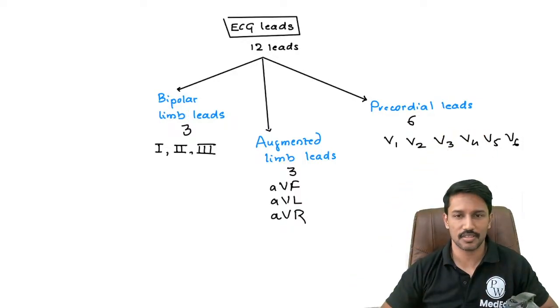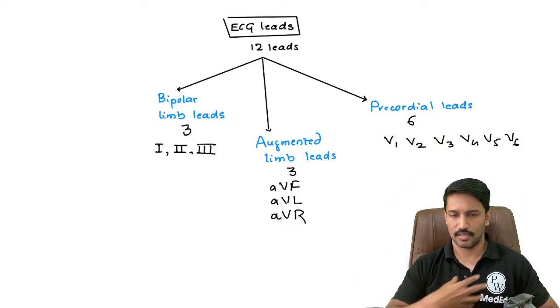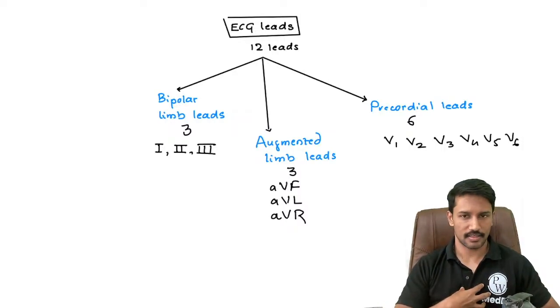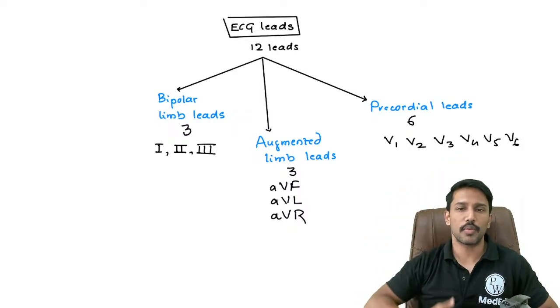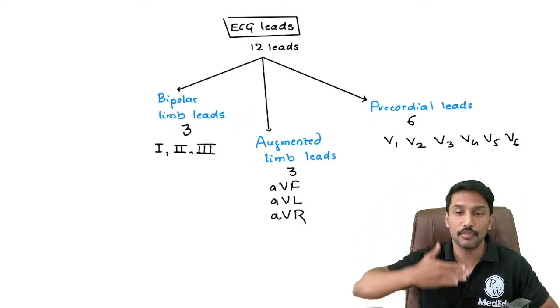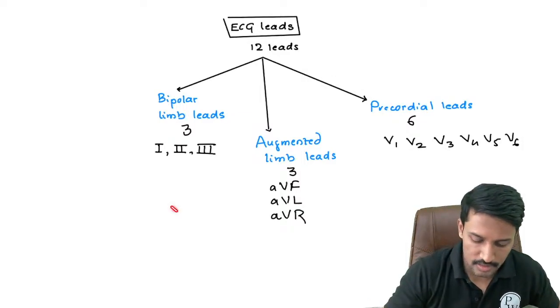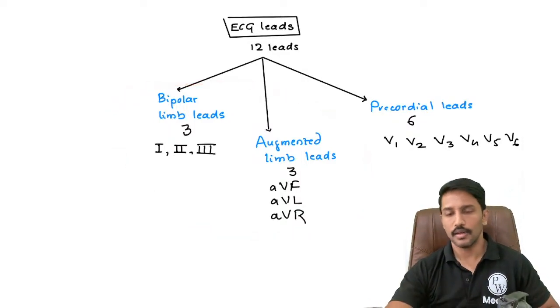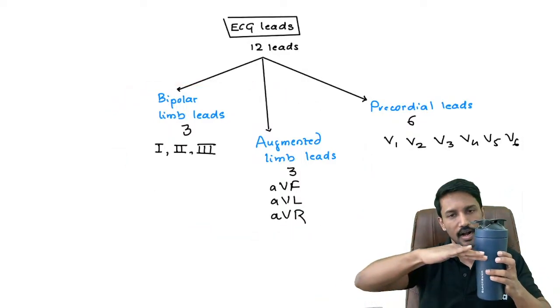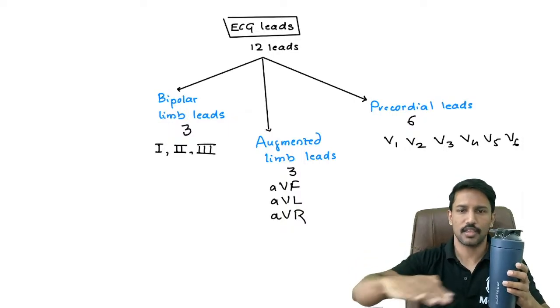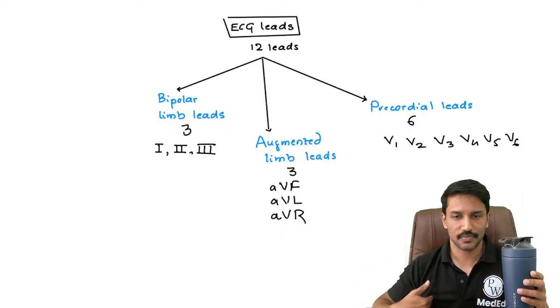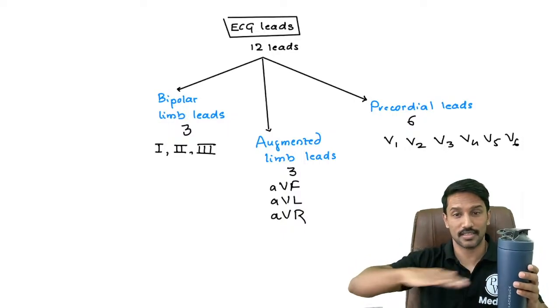Like you have seen the chest X-ray. The X-ray will have the lungs on the side, heart at the center. That is the frontal plane. So when I see the heart on the frontal plane, the limb leads will help me to see that. But if I want to see the heart in the horizontal plane, like if you have seen the CT thorax, horizontal sections are taken.